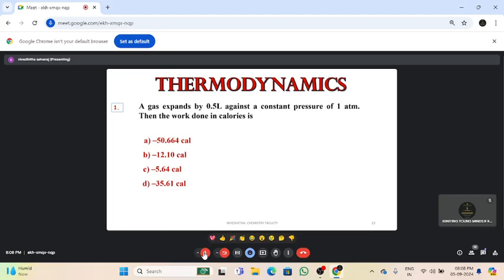The data given is pressure and change in volume. So we have to know the formula to calculate work done, from which obviously you can calculate.